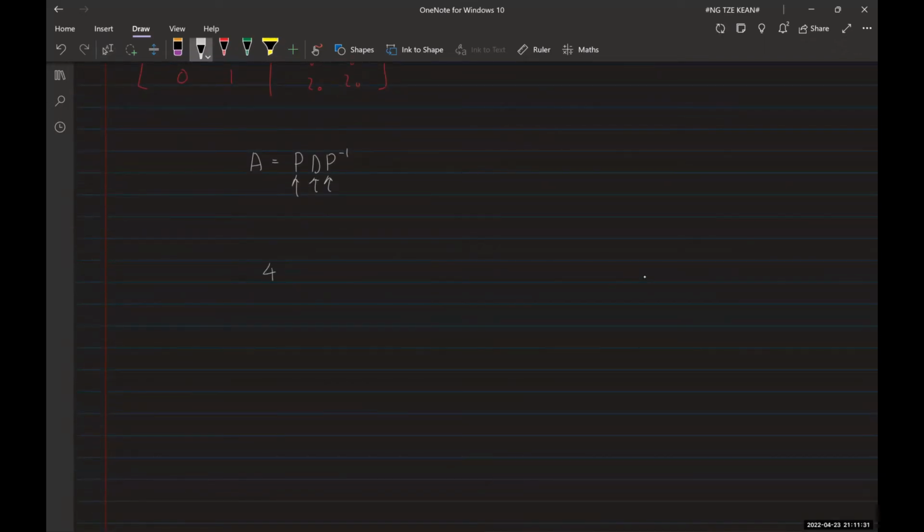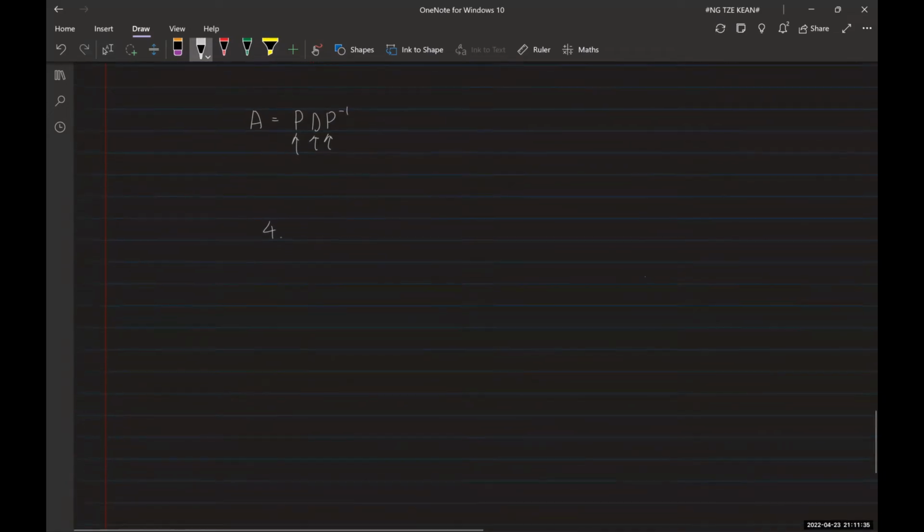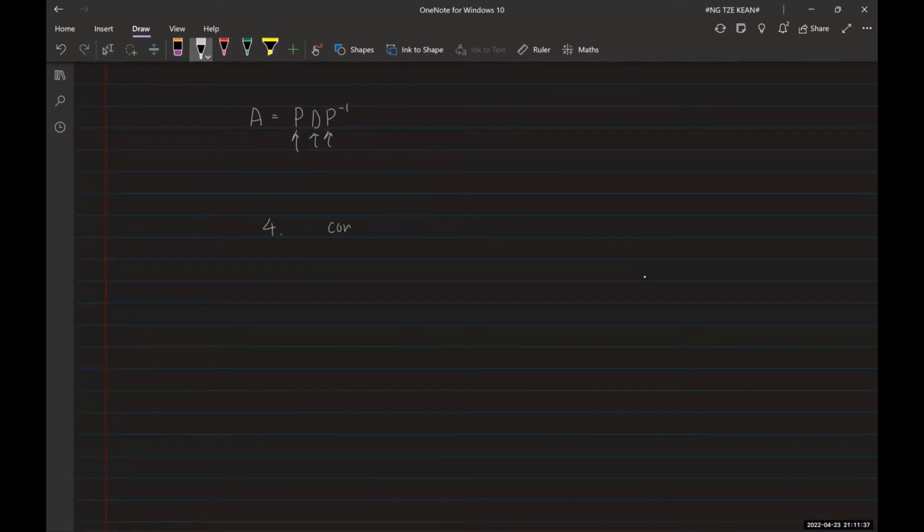Now moving on to the last question for this revision practice. Compute A to the power of 4. In fact, you can calculate high powers of A the moment you are able to diagonalize A with ease. And I just take this time to run through why. So A is equal to P D P inverse, and we have shown that in the previous question.